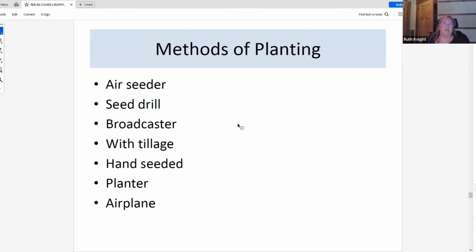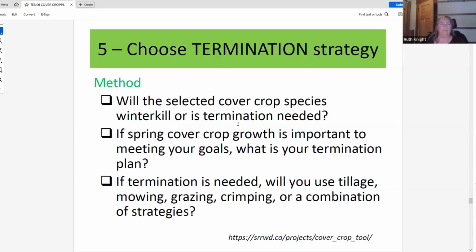Also you don't need as much seed, but if you're broadcasting it and adding it in with tillage, you need more seed, and then you can put it in a planter. And then there are those opportunities where you might fly it over with the airplane, or now drones that are coming on board. So a number of different ways of planting.